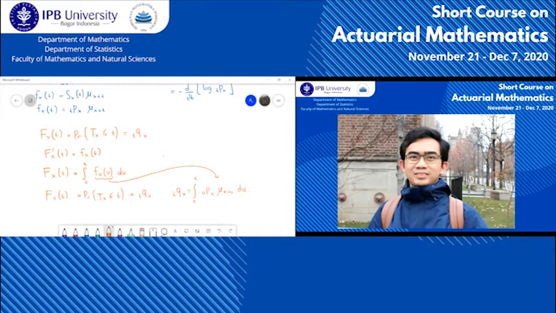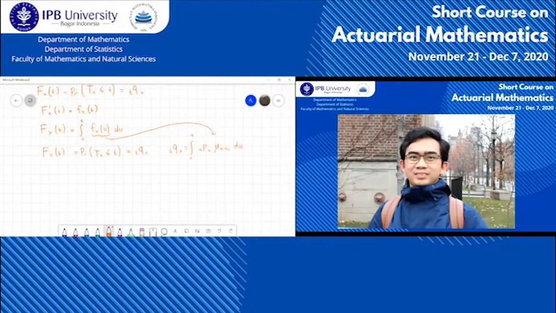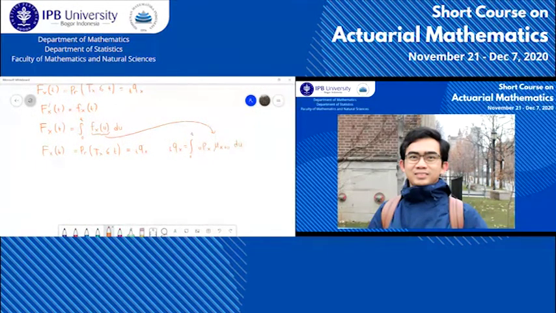So let's take a look at this more closely. If we draw the timeline like this, this one is age 0, and this one is t. We have this one is the point u, and this one is u plus du.